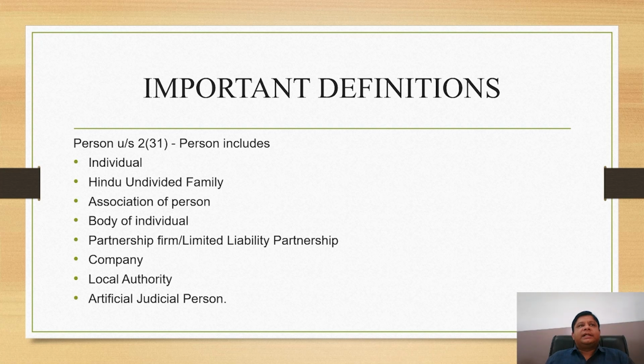So basically, this term indicates the persons on whom taxes are applicable. The list in front of you has various names like individual, Hindu undivided family, association of persons, body of individuals, partnership firm, company, local authority, artificial juridical person.